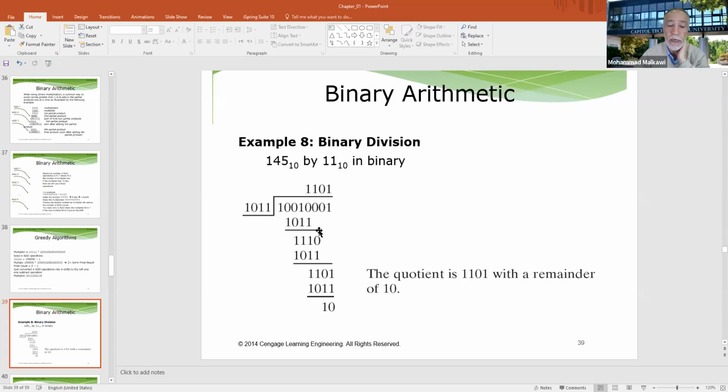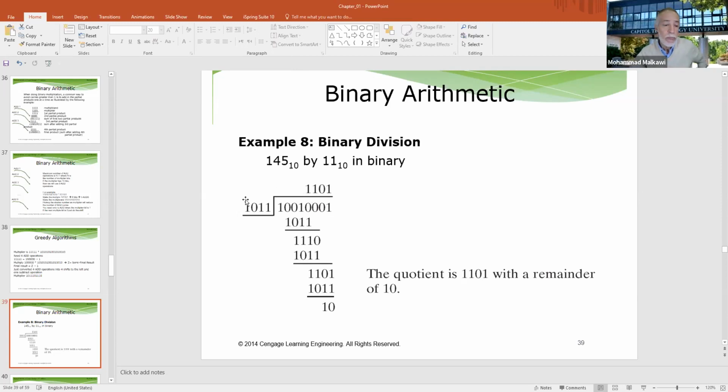So I get a 1 here. I do a subtract, then I bring down 1 more 0. 110 is less, so I put the 0 there, and then I bring the final 1 down here. 1101 by 1011 is 1, and then you subtract. You no longer have any dividend digits, so the remainder is 10, and the result is 1101.